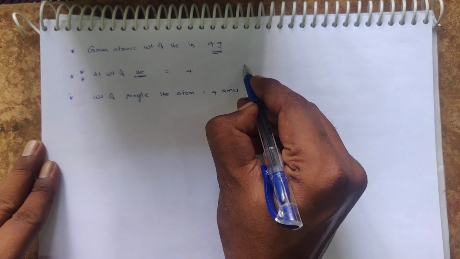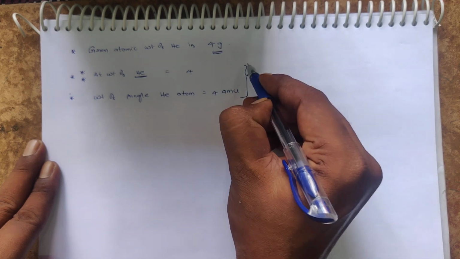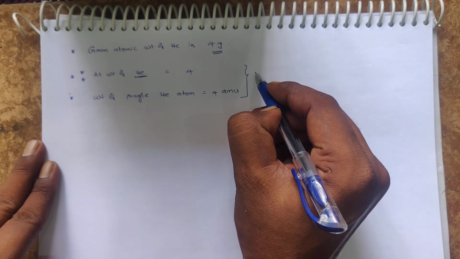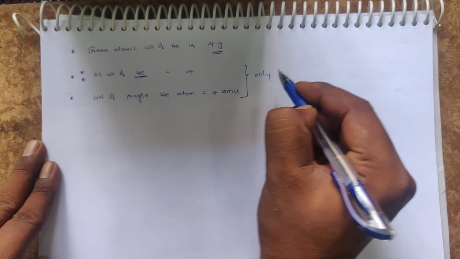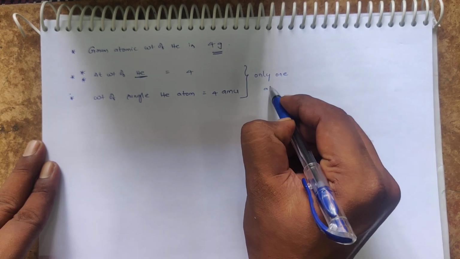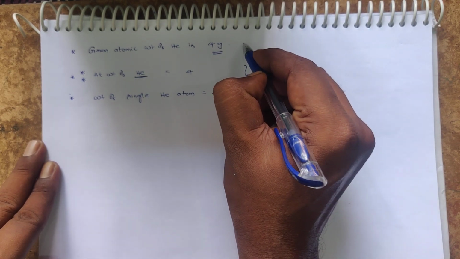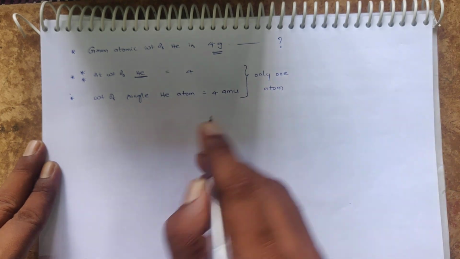We know that in both these two cases, only one atom is present. Only one atom. Then what about this one? How many atoms are present? Just find out mathematically.